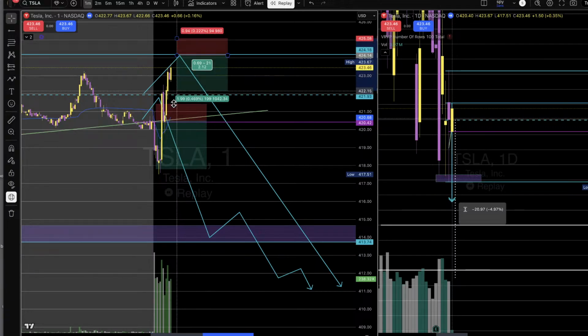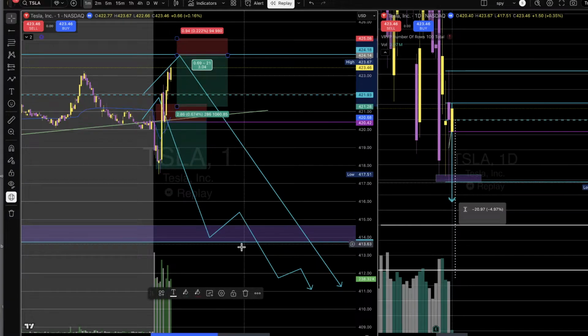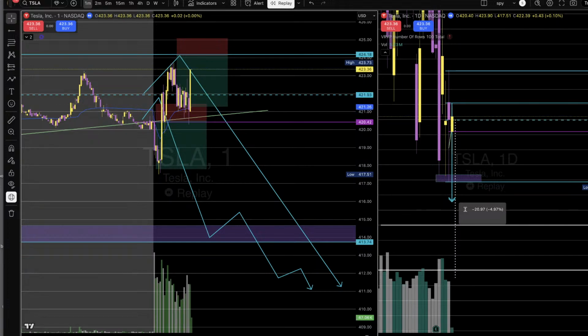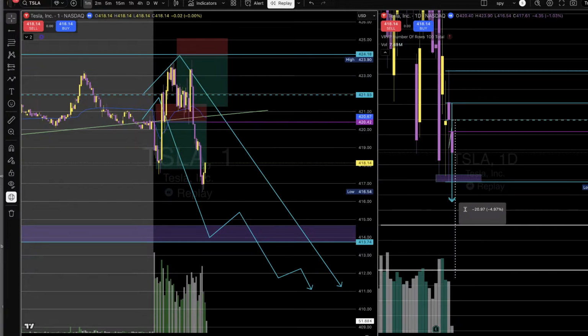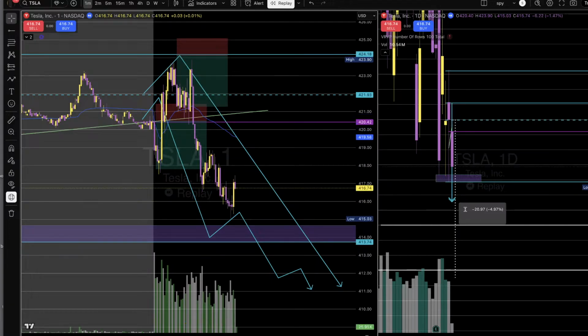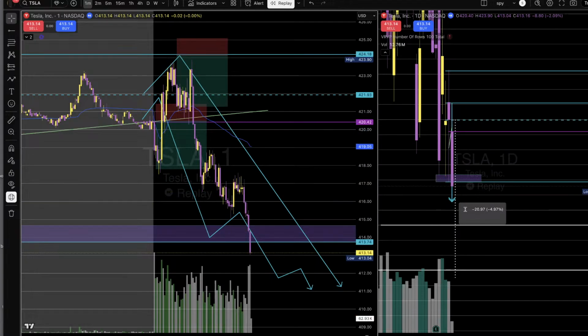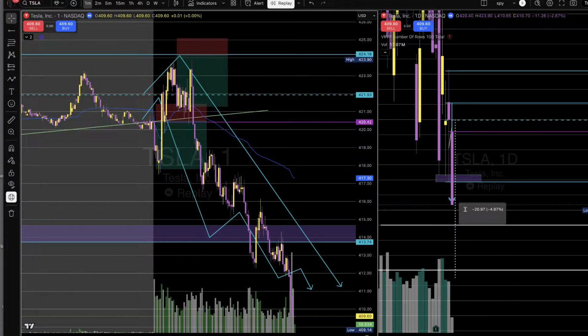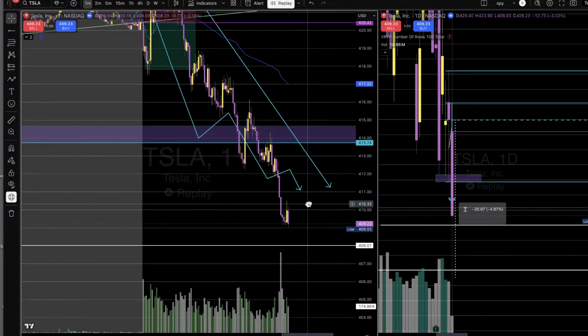Automatic $1. You get the $3, and then back down to this area right here. Boom. What did I tell you? Wizardry. Yep, yep, yep.